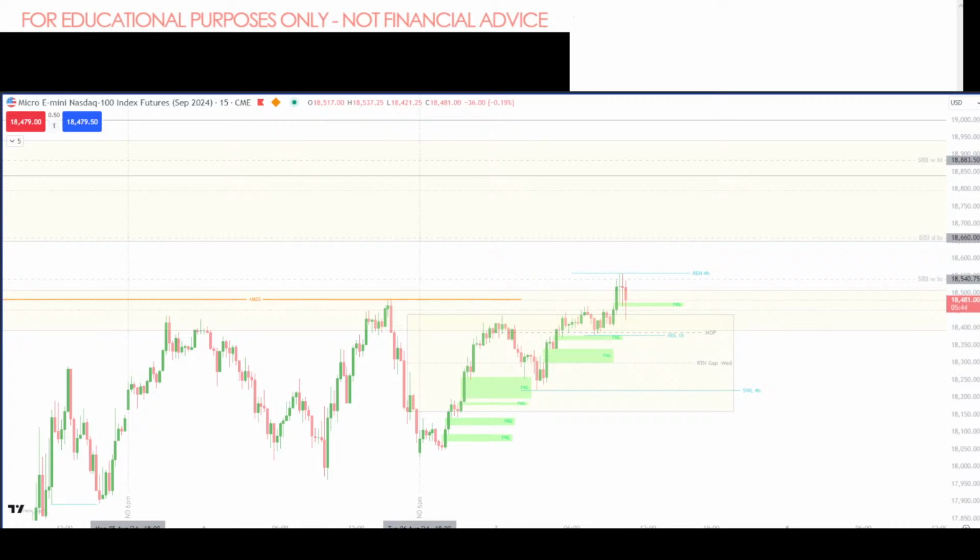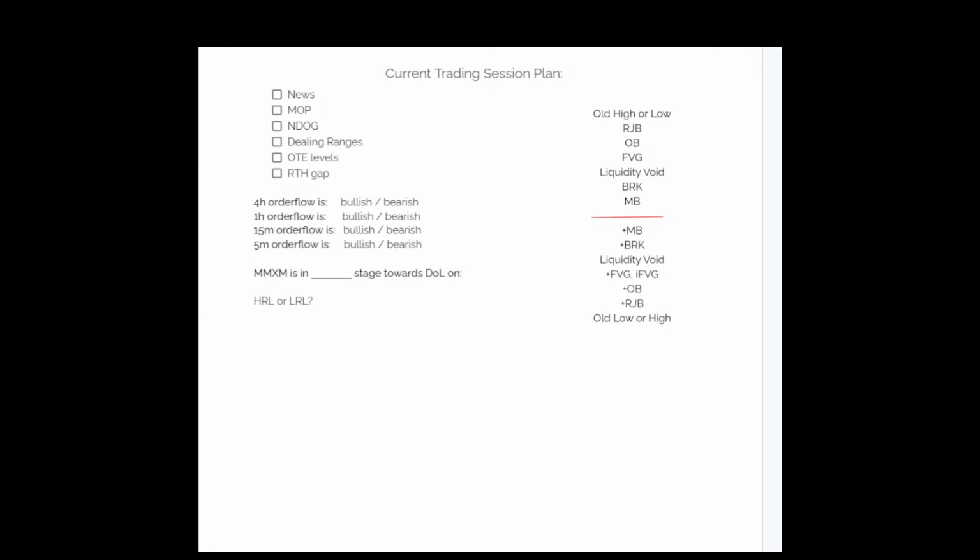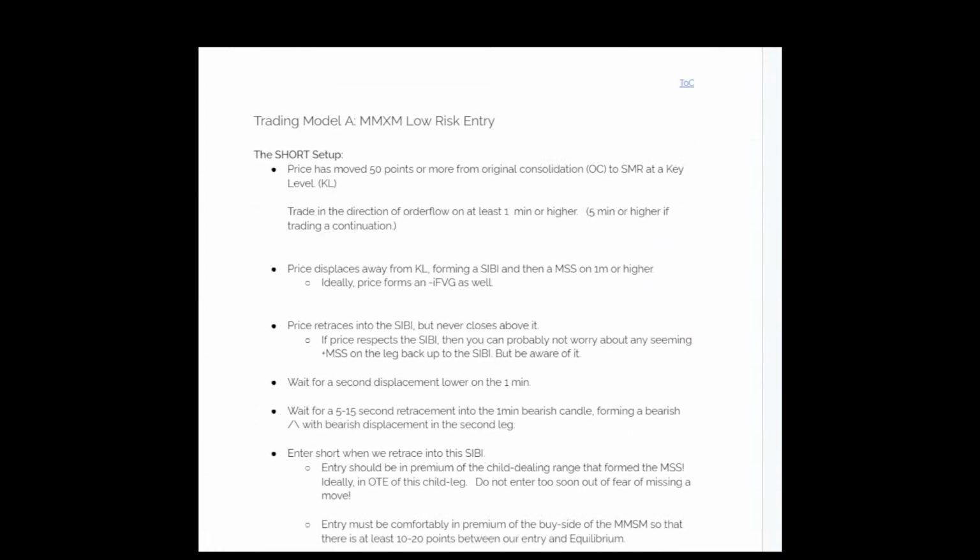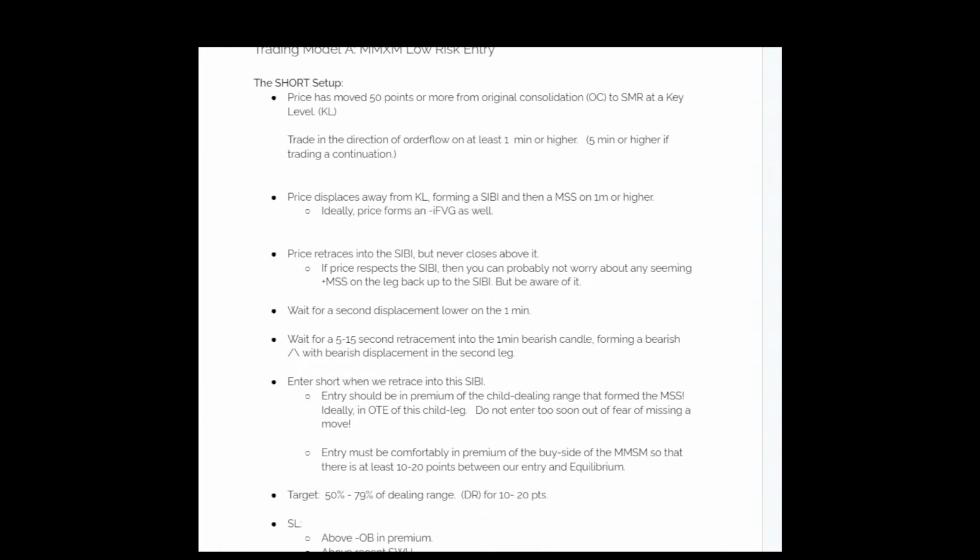So let's just go back to my trading rules. All right, short setup, the reverse would be for long setup. Prices move 50 points or more from original consolidation to smart money reversal at a key level. Now that could be within this 15 minute candle.